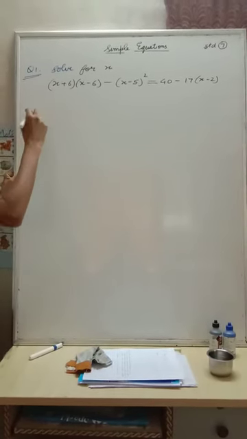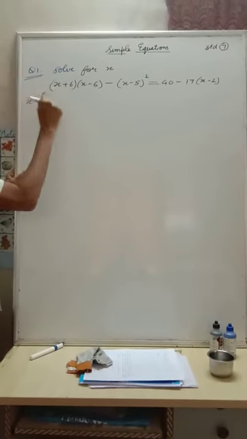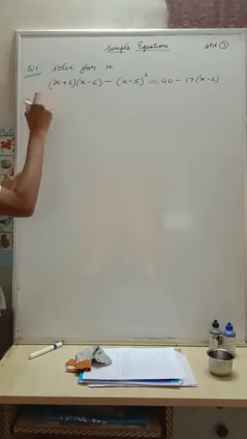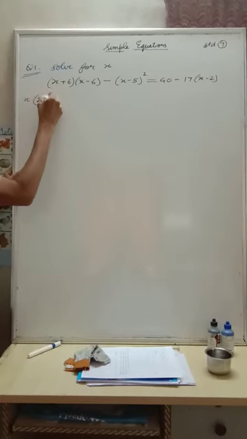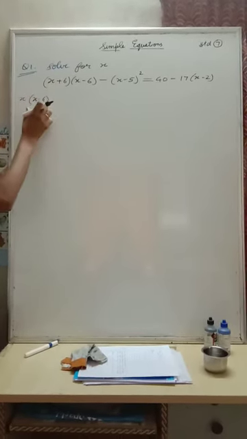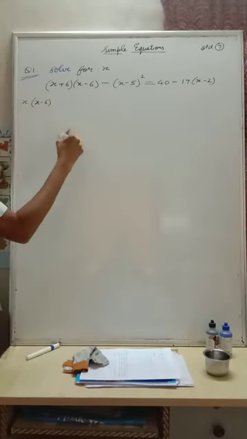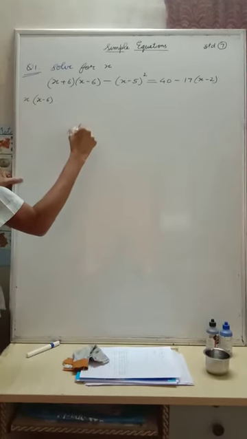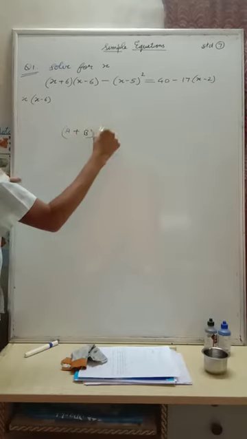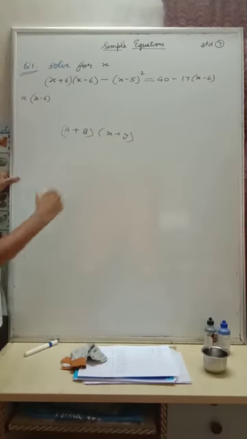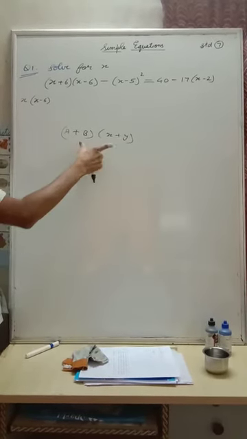How to open these brackets: the first term of this bracket, x into x minus 6, and then the second. I'll just show you how it goes. a plus b, and in the second bracket x plus y. I am giving you another example of how to open this bracket.